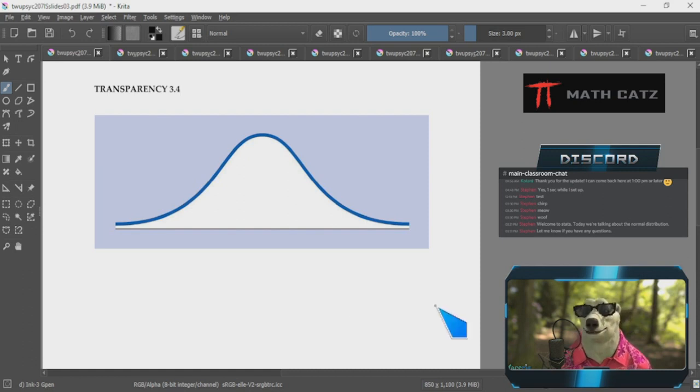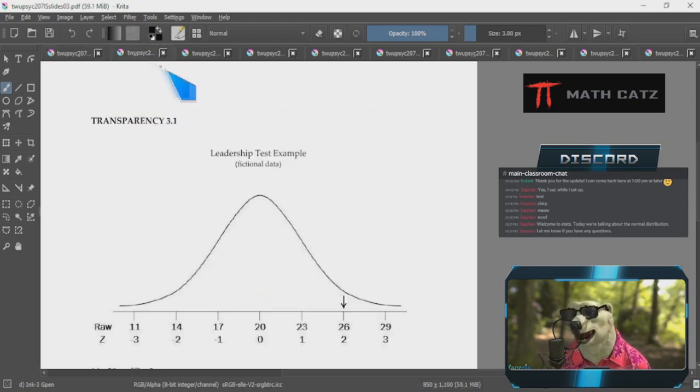So many things follow this shape, not everything, but a shocking number of real-world variables follow this distribution. That's one benefit to understanding this bell curve, is we can do more precise calculations.